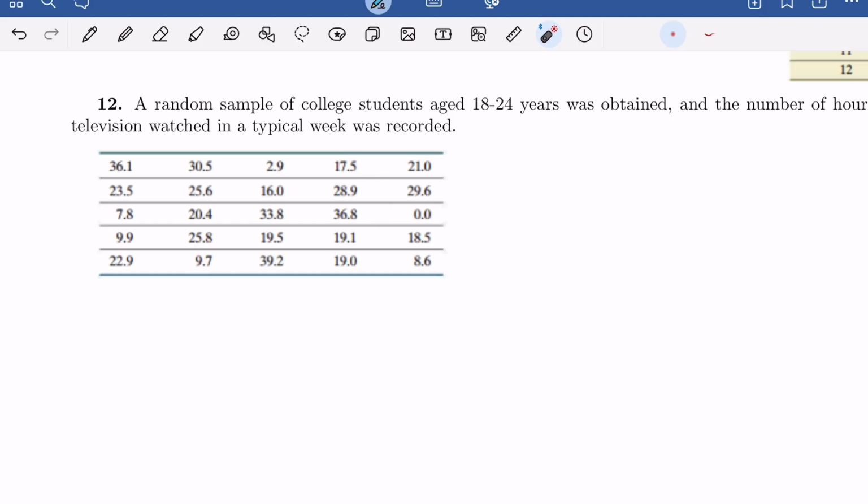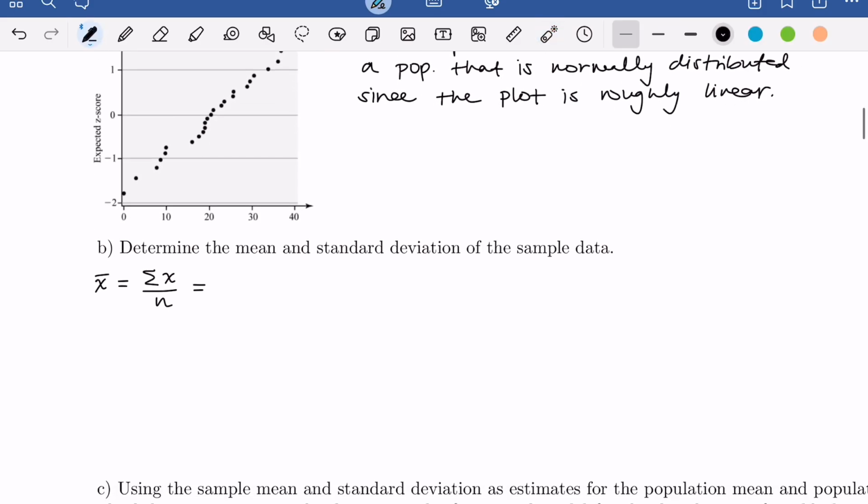That is going to be 522.6. And then the number of values that we have in this table is 25. So plugging this information into this formula, this is going to be approximately 20.9 hours. So that's going to be the mean amount of time that is spent watching television.